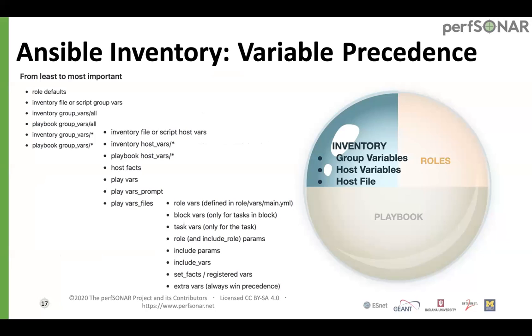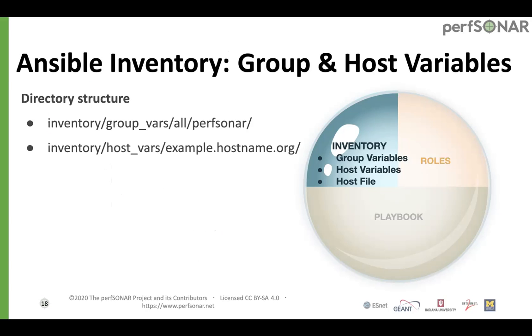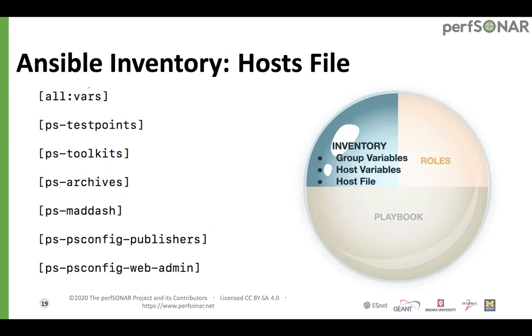If you have a series of test points and one of them is special, you can give that one a special config file and that will override the master. So that's a good example there. If you put your things in group vars, that has less precedence than host vars. So if in the host vars directory you created a host name and put in some YAML files, whatever directives they had would be higher precedence.